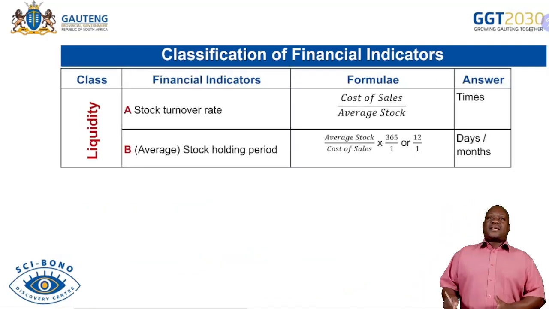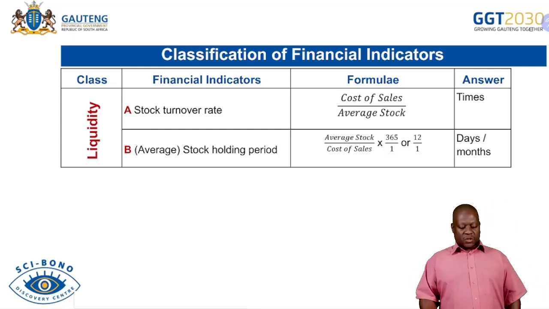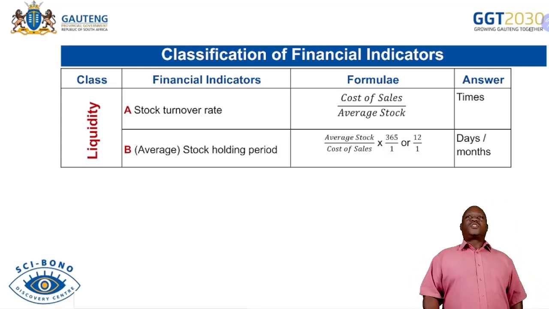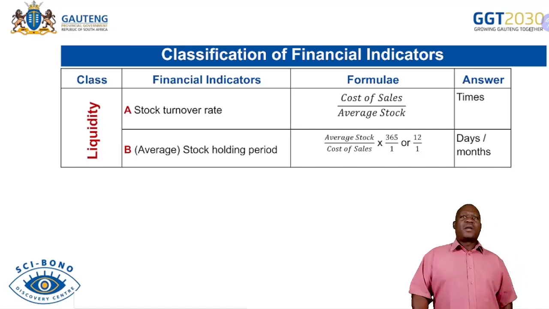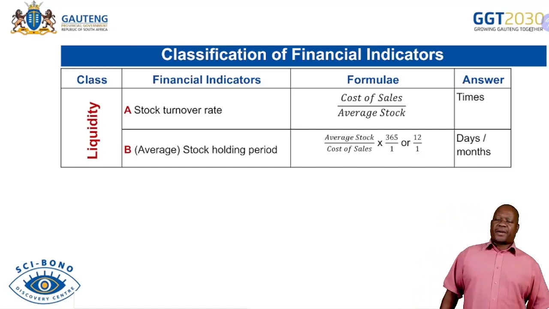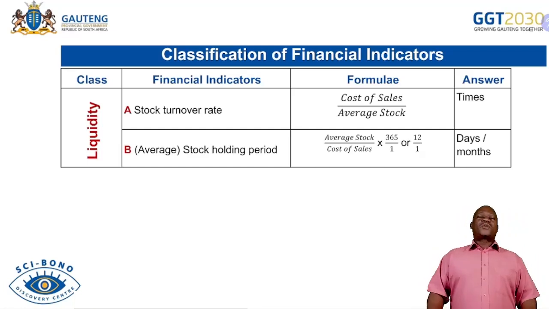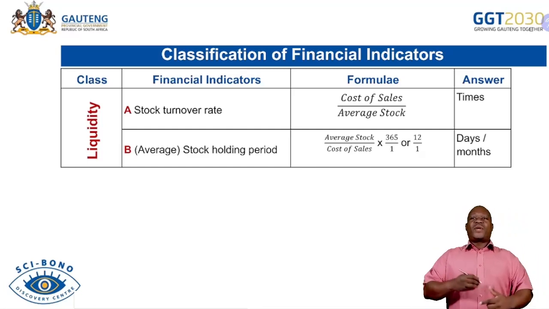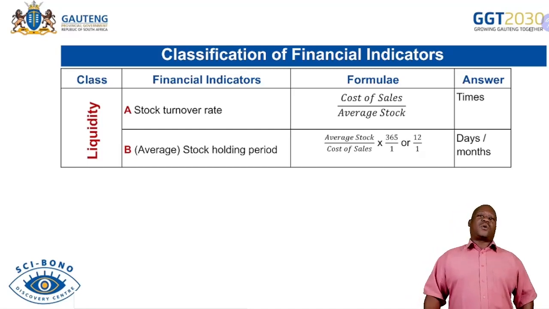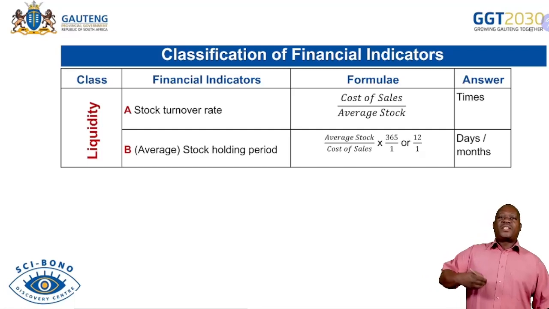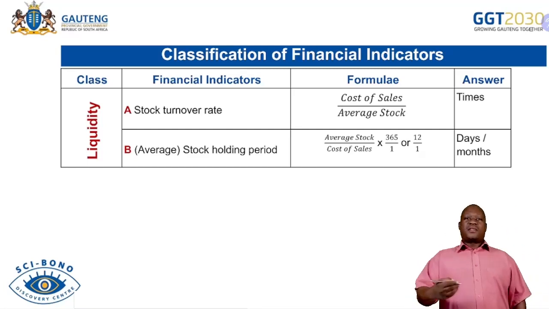Now, the next set of liquidity ratios that we have here is the stock turnover rate and the stock holding period. Now, let's look into the stock turnover rate first. The stock turnover rate indicates the number of times at which we are turning over our stock. So it therefore means the faster we turn over our stock, the better.